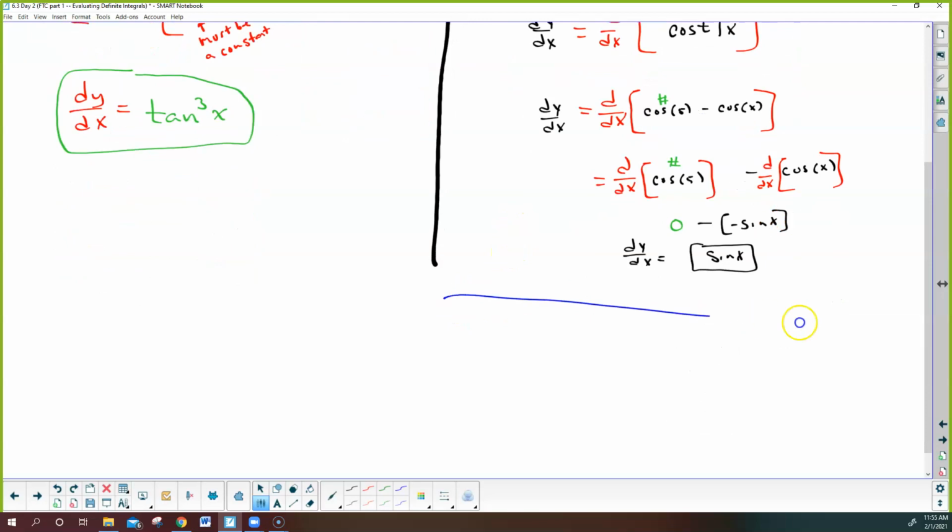Let me just show you this faster way. If you have x on the bottom and 5 up top of negative sine of t dt.